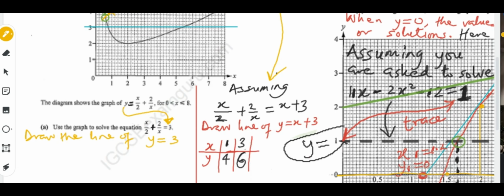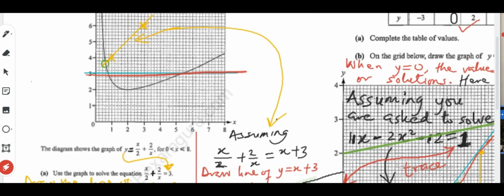We are given: solve x over 2 plus 2 over x equals 3. And you said we draw the line of y equal to 3, isn't it? And we've drawn that, this is it. So what are the answers? Because you're asked to solve it.